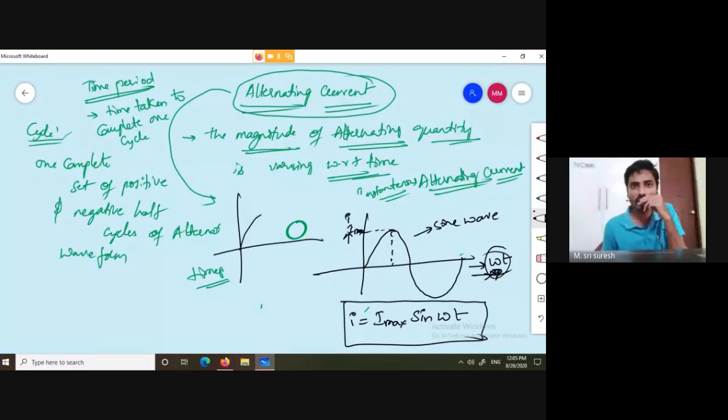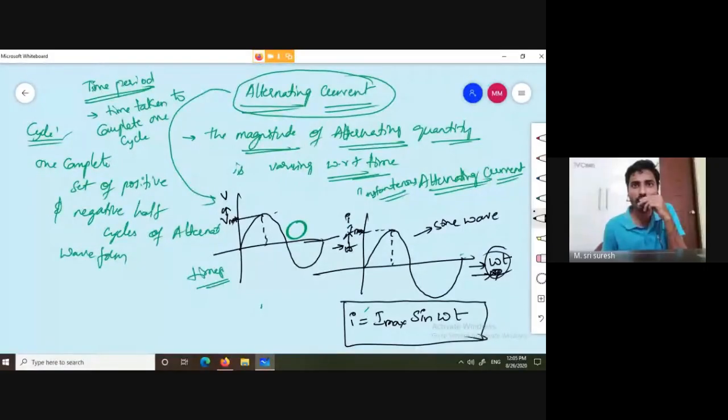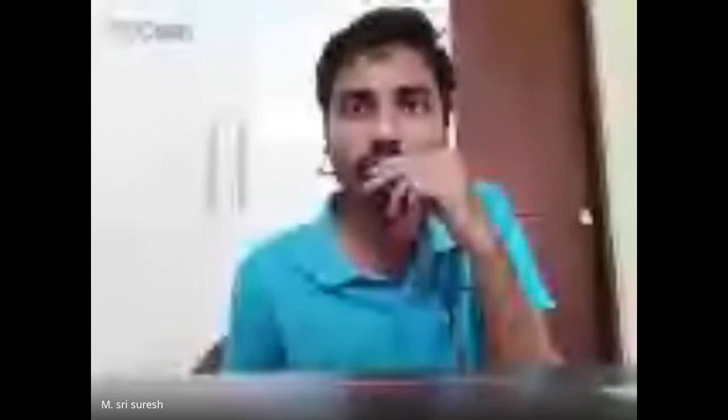Voltage is also a sine wave with peak value Vmax, so v equals Vmax sine omega t.